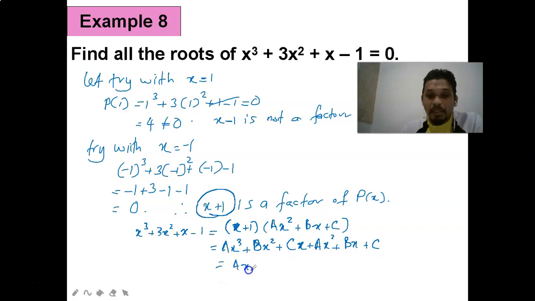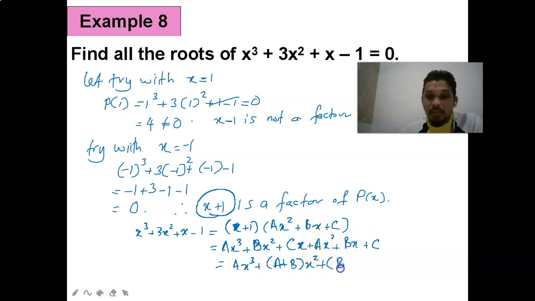Then ax cubed plus x squared terms, ax squared and also bx squared. So a plus b times x squared. Then for the coefficient of x, we got b and c.